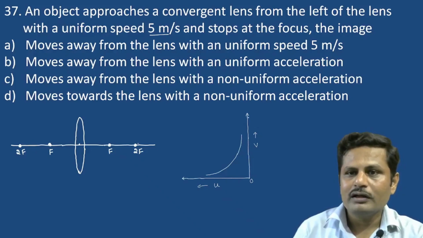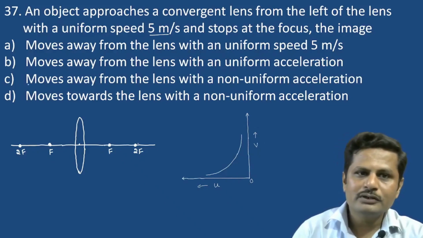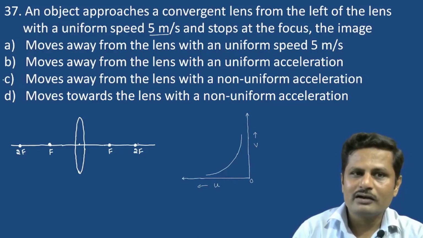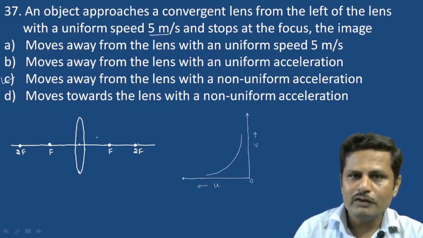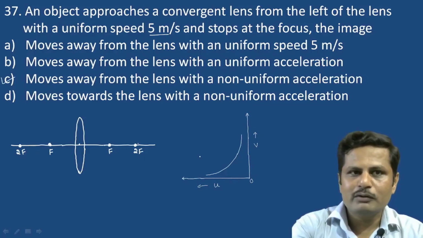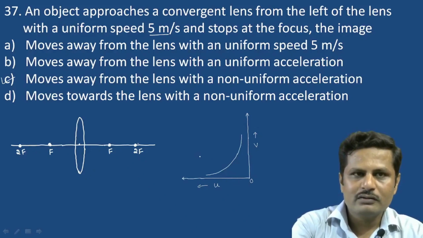So therefore the image is moving with non-uniform acceleration. So the option C would be the correct answer. So it moves away from the lens and has non-uniform acceleration. Okay, let me go for the next question.